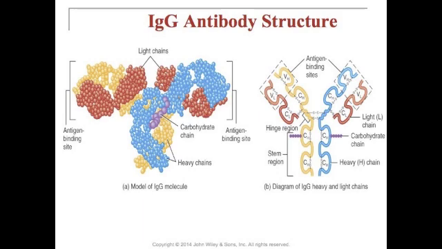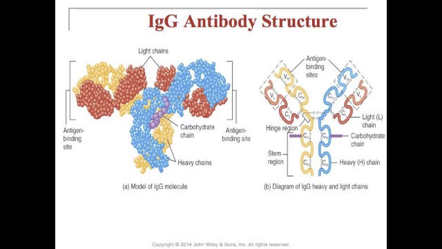The 2 other polypeptide chains, also identical to each other, are called light chains, and each consists of about 220 amino acids. A disulfide bond holds each light chain to a heavy chain. 2 disulfide bonds also link the mid-region of the 2 heavy chains.